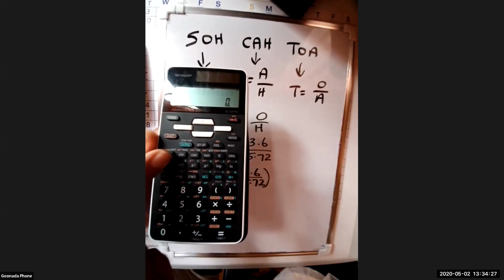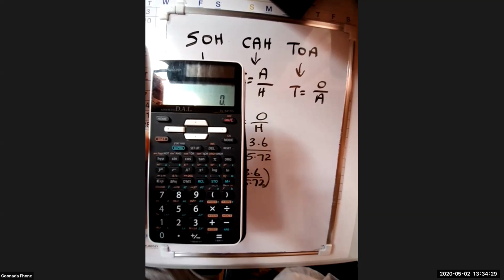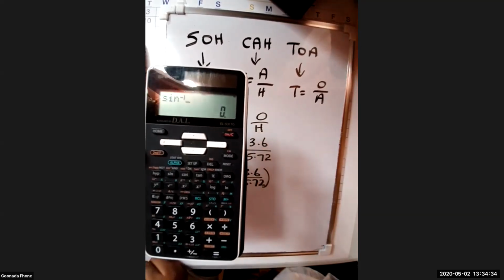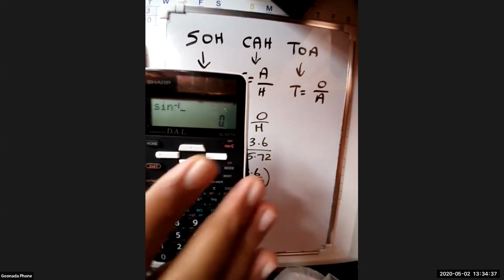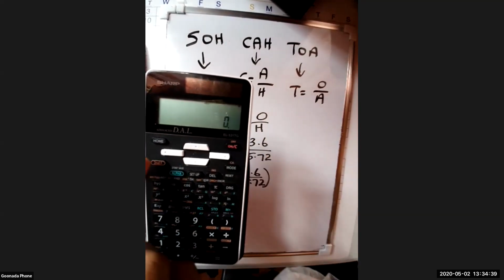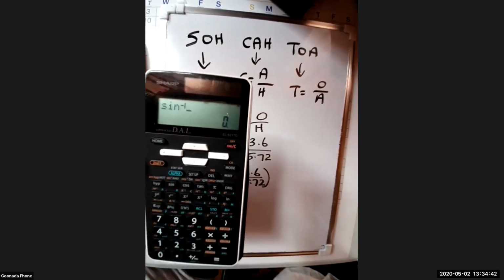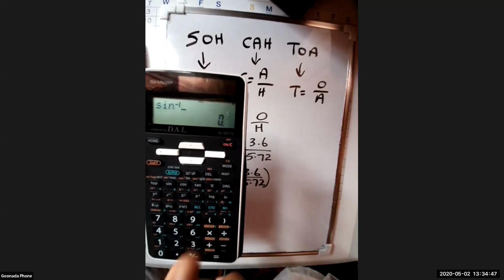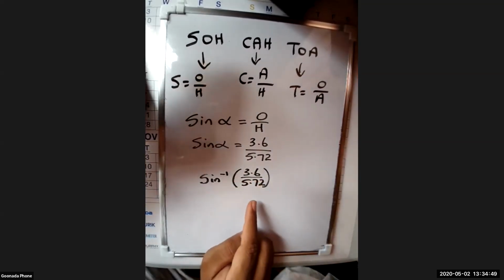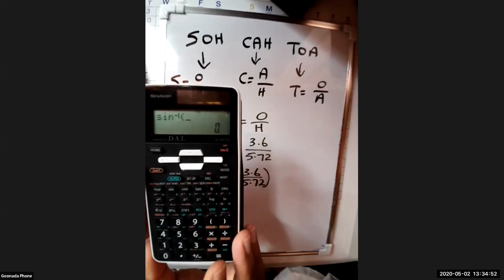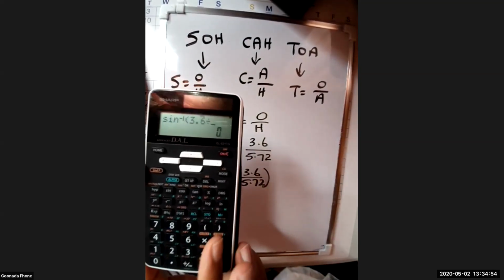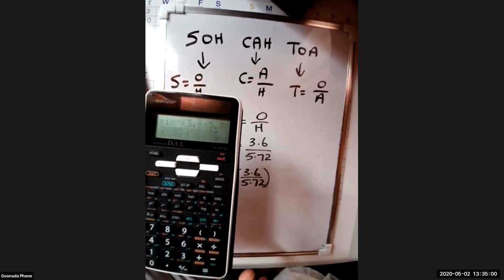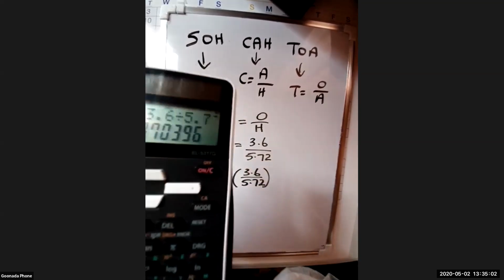So if we want inverse, you have to press second function, sine, and you see we get sine to the power of -1 there. I hope you all are trying it with your calculators. Second function, sine. And now it's 3.6 over 5.72. So you open a bracket, 3.6 divided by 5.72, close bracket, and you will get 39.00.